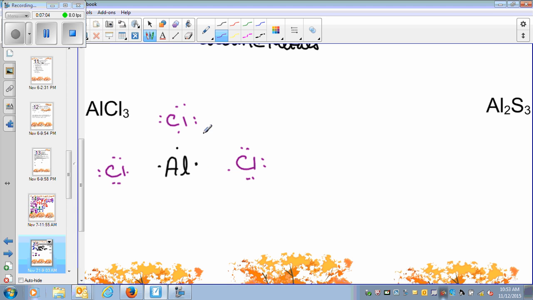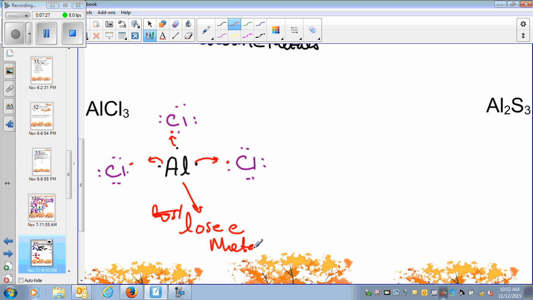Now aluminum is going to give its electrons to chlorine. This one goes here, this one goes here, this one goes here. So aluminum lost the 3 electrons; it has transferred them. Aluminum is going to lose electrons because it's a metal.